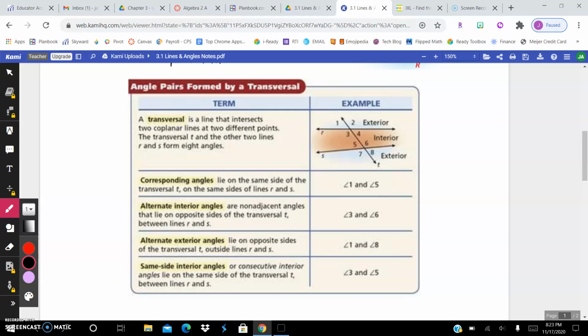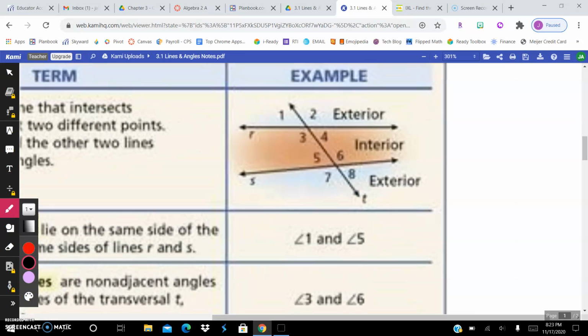Corresponding angles are angles that lie on the same side of the transversal on the same sides of lines R and S. So their example here is angle 1 and angle 5. So if you look at the picture, here's angle 1 and here's angle 5. If you thought about cutting this in half and you had 2 different pictures, it's the angle that's in the same spot.